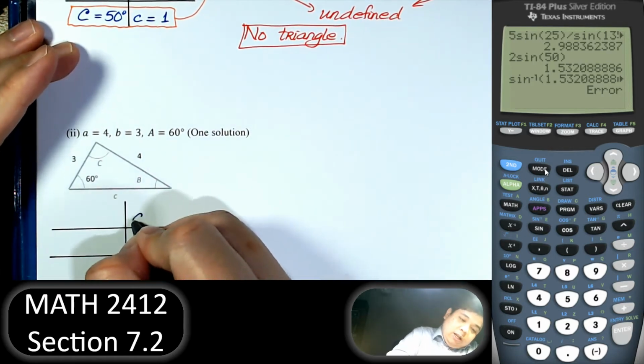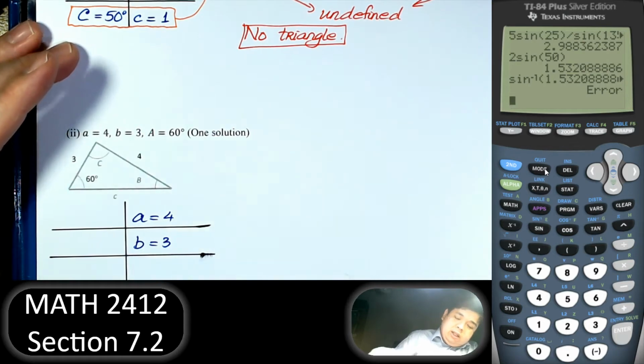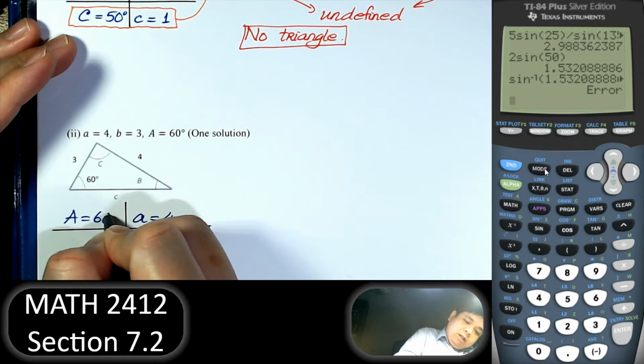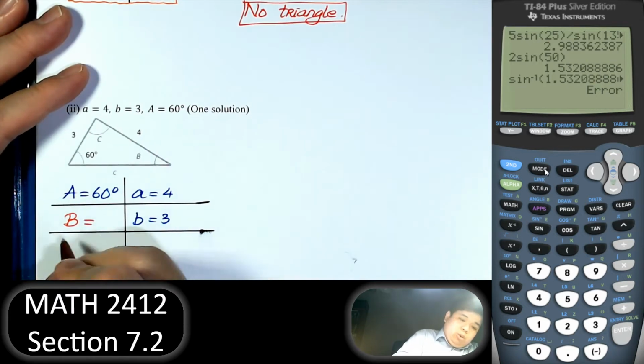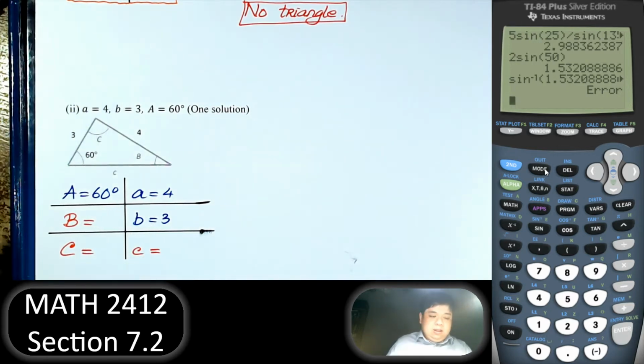We know side a is 4, side b is 3, and angle A is 60 degrees. Do not know angle B, do not know angle C, and do not know side c. Right.